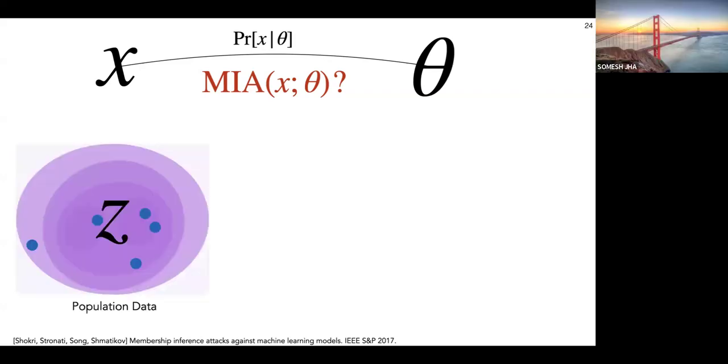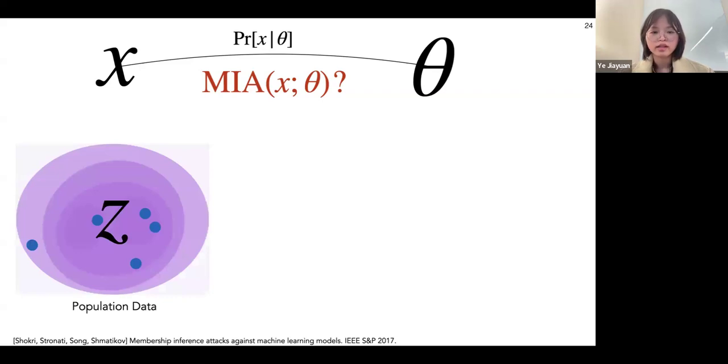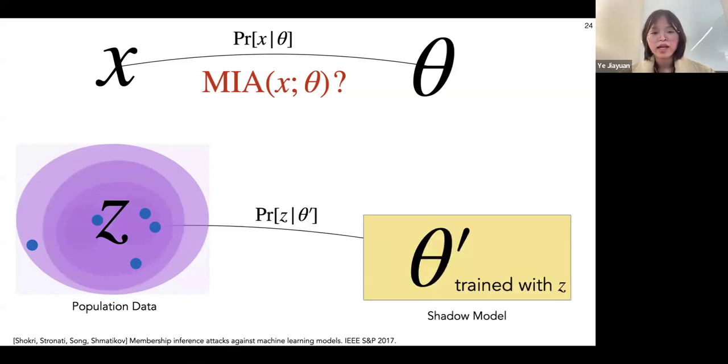This is a very simple technique that was brought up by the earliest work on membership inference attacks against machine learning models. There, the adversary gathers whatever data it can access, which is the population data, and then trains a shadow model with the same architecture and using the same training algorithm as the target model, except that it's trained on the population data rather than the unknown target data set.